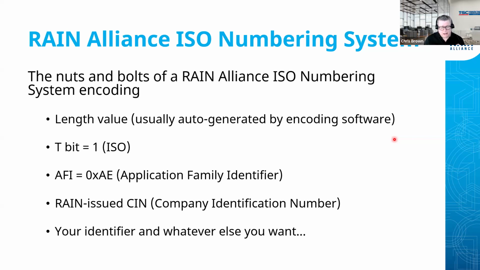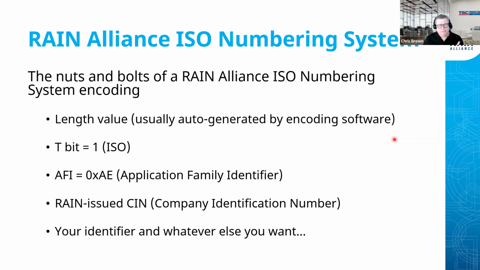The next data element that we must encode is the so-called T bit. So every RAIN RFID tag chip has a bit, a single bit, that gets encoded to either 0 or 1. If it is encoded as 0, that tells a reading system that the encoding is based on GS1 standards.